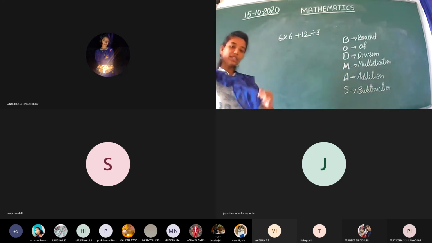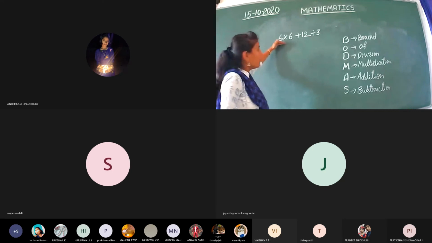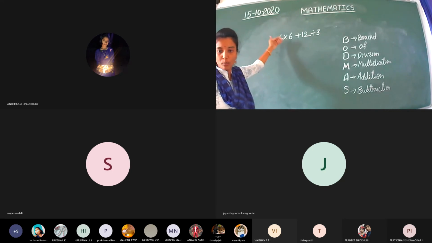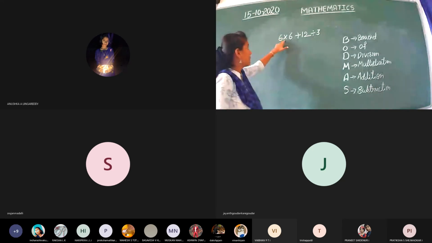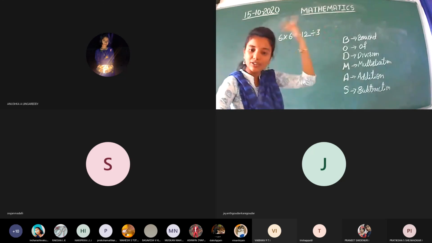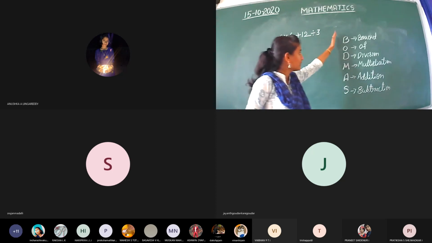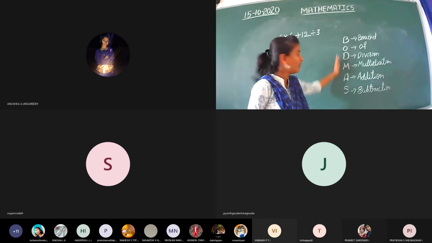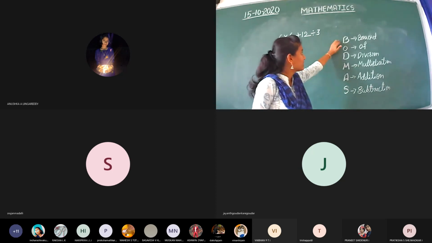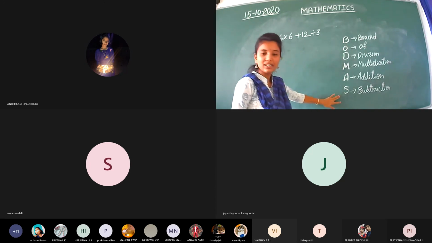By using the BODMAS rule, we can solve complex operations. A complex problem contains multiplication, addition, division, and even subtraction. Then what can we follow? The rule of BODMAS: bracket, of, division, multiplication, addition and subtraction.